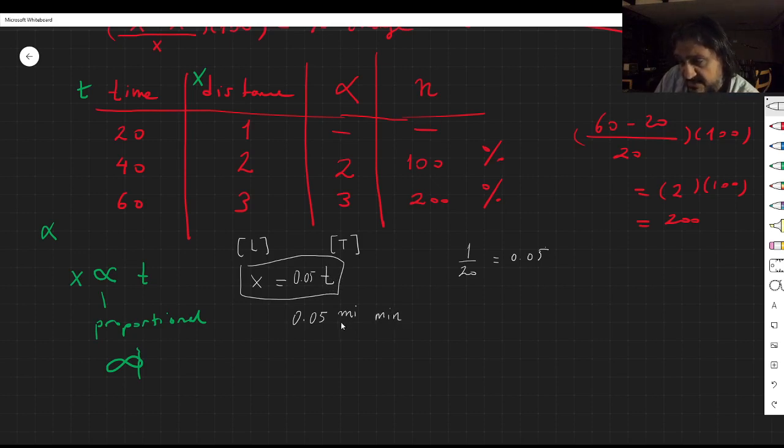So I need something in the denominator which would take care of that. So let's write it in this form here: 0.05 miles per minute times t gives me my x. So having this formula, I could find any x for a given t.